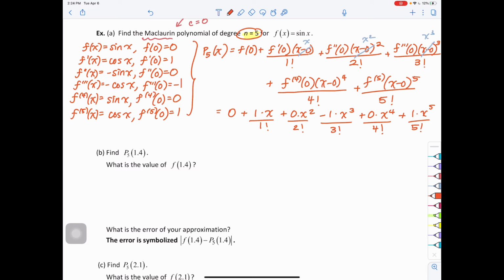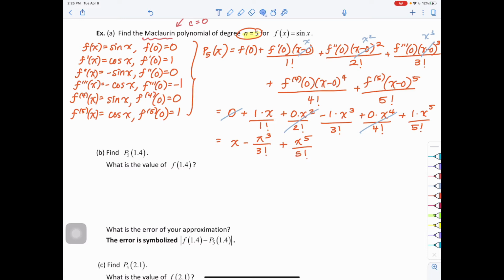So what do we have? Take a look. We lose this 0, and we end up with just x minus x cubed over 3 factorial plus x to the fifth over 5 factorial.